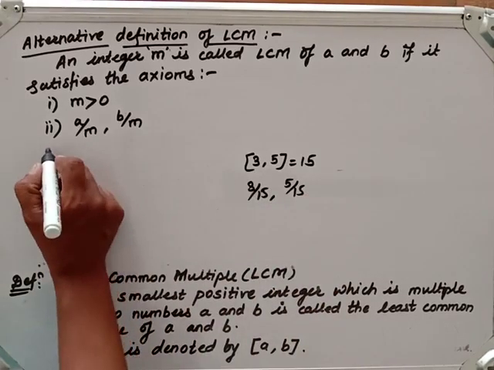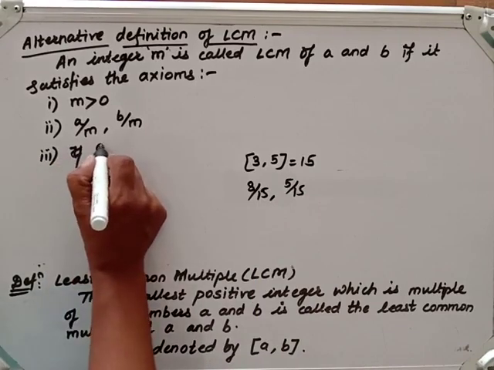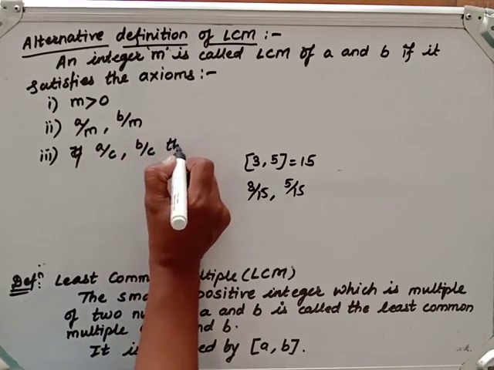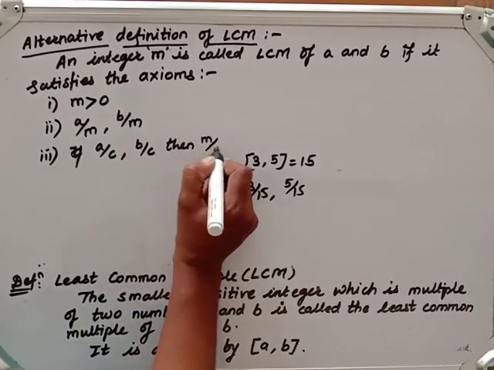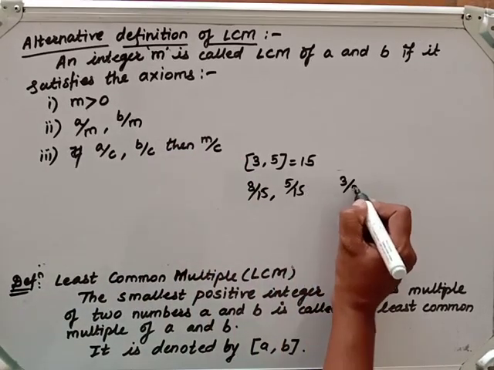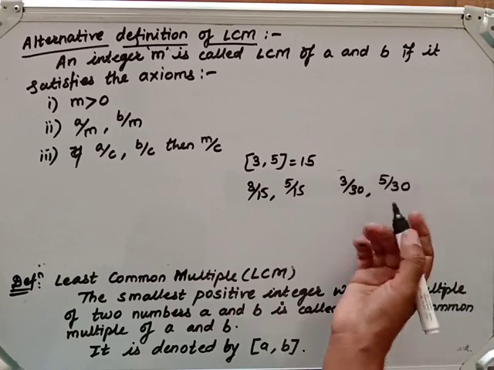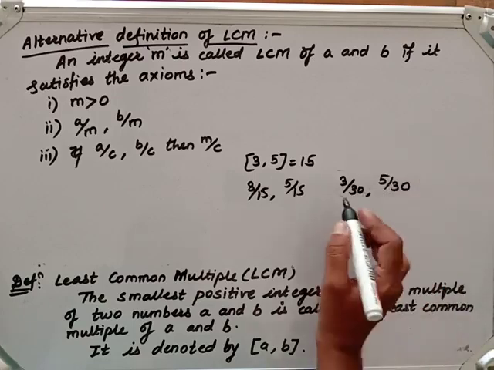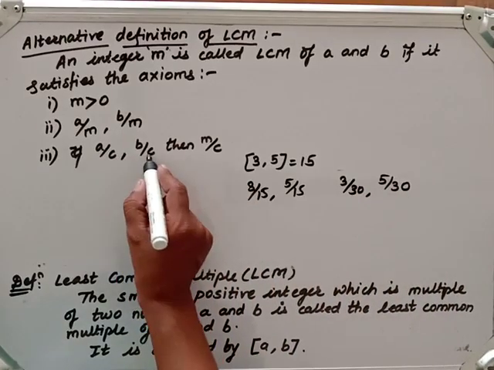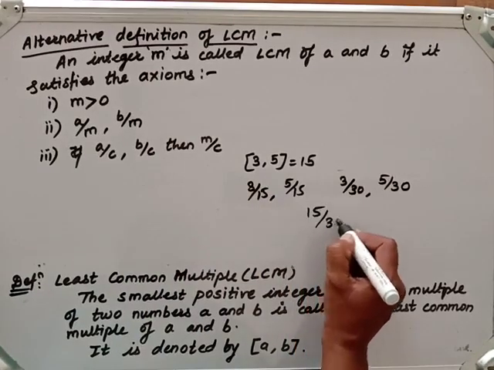Now the third thing is that if A divides C and B divides C, then m divides C. Here 3 divides 30 and 5 also divides 30, the other common multiple of 3 and 5. So they divide that one, but 15 also divides this 30.